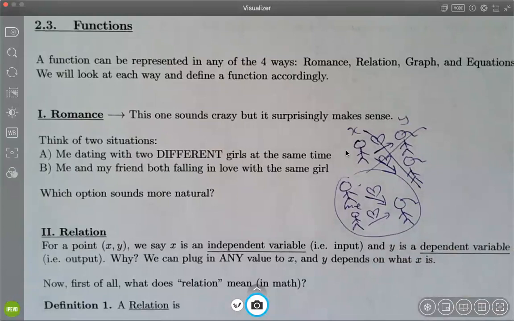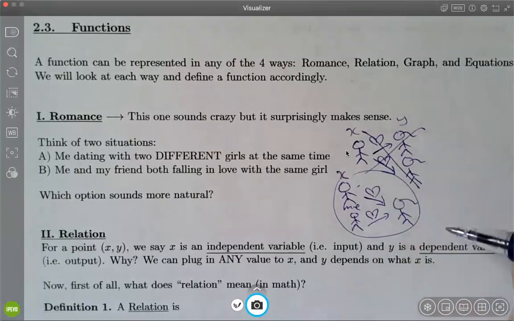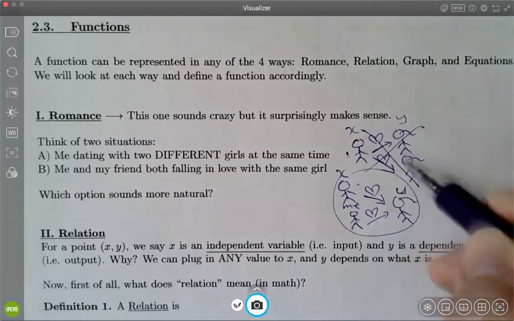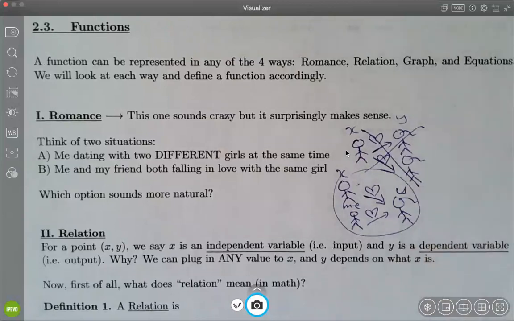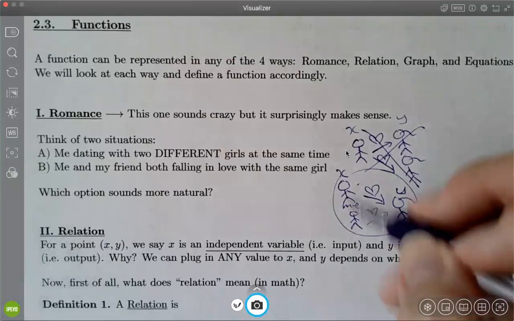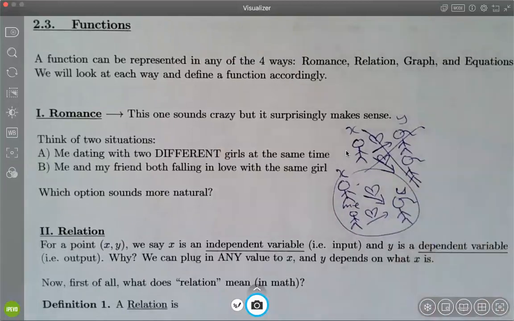However, what is fine is two different x values can go to the same y value. Okay, so the same x value cannot go to two different y values. That's not okay. But what is fine is two different x values can go to the same y value. Okay, now that's not going to be on any exam, so no worries.